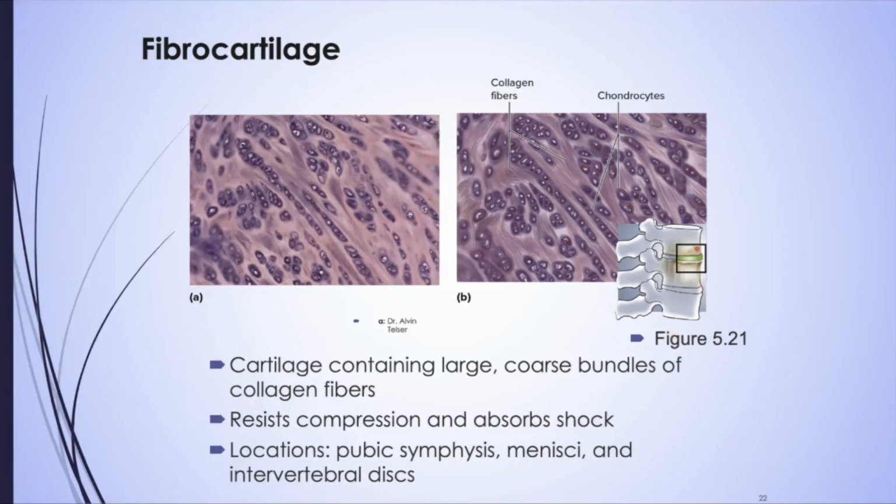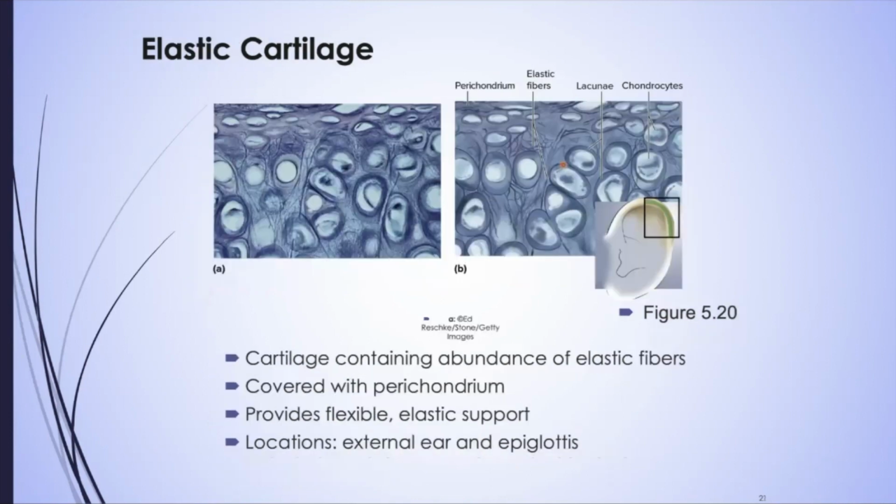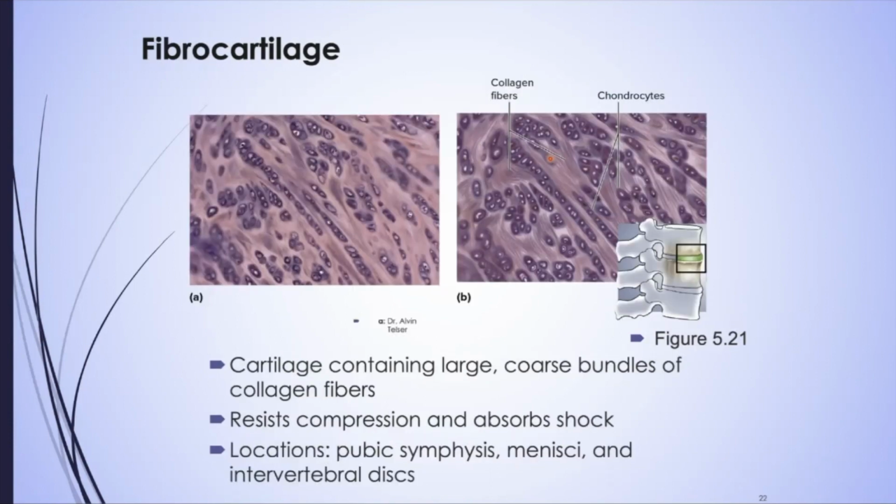So they're showing you an example of your intervertebral discs right here. Okay, you can see your collagen fibers, and the chondrocytes. But the difference, if you look, these are the elastic fibers, okay? The collagen fibers are a lot thicker, a lot more densely put together.